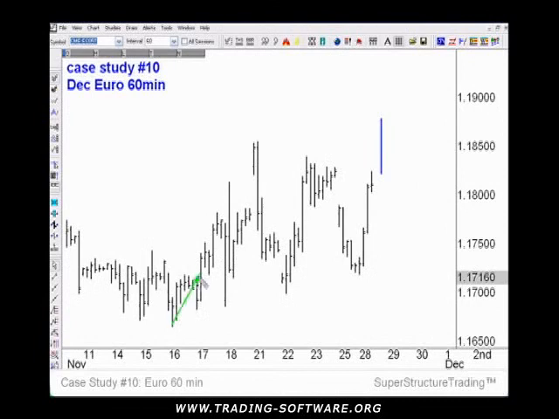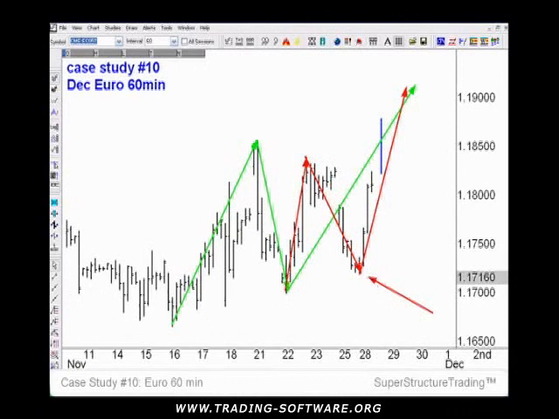In other words, this measured move would come into focus as the dominant measured move with a very deep retracement, and then this would be the measured move within the measured move, also off of a very deep retracement.